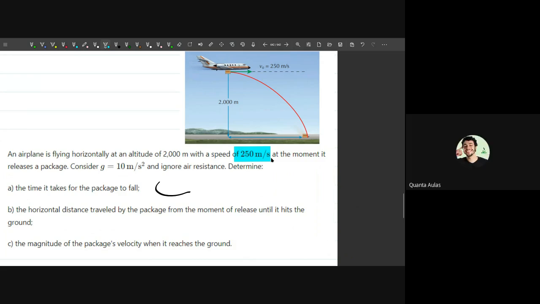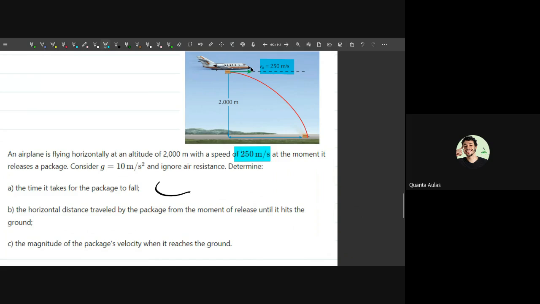I don't know if in your test you will have the same letters. So you need to understand and interpret your problem, right? If you look at this picture, the velocity is an x velocity. And in this problem, in any problem, in x we don't have acceleration.